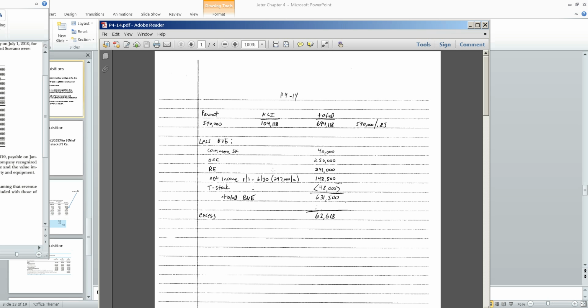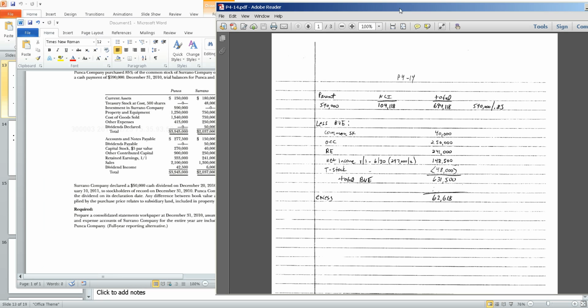We're still subtracting that stuff, and those numbers come right off the balance sheet here. So the sub here at the end of the year, common stock is 40,000. Other contributed capital is 250,000. Retained earnings 241.